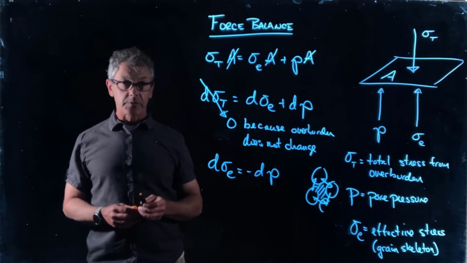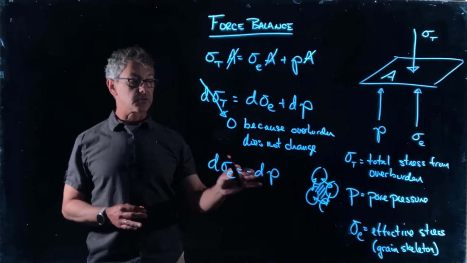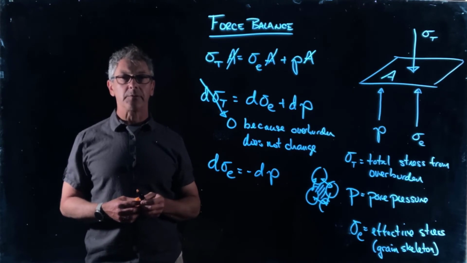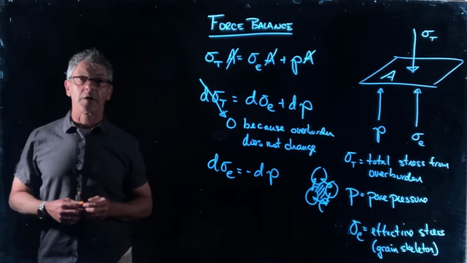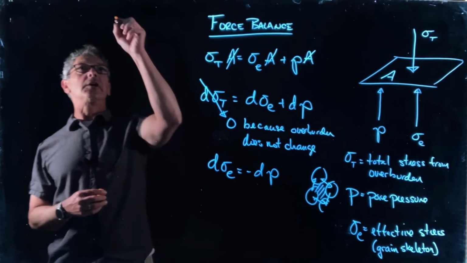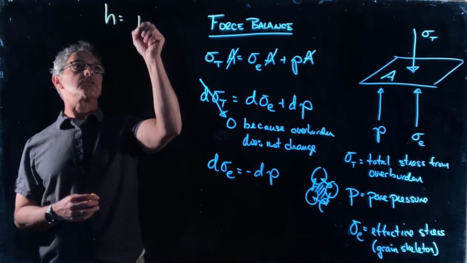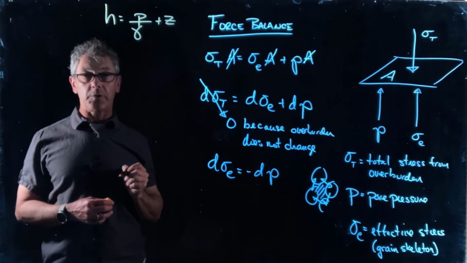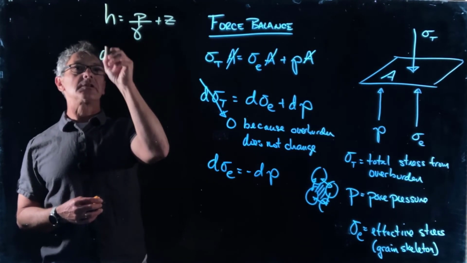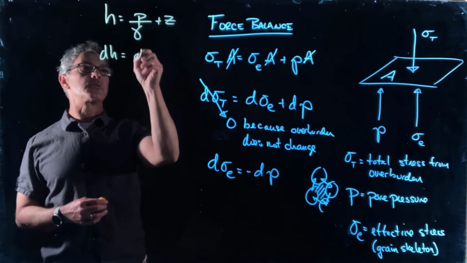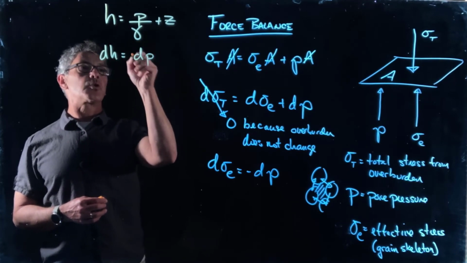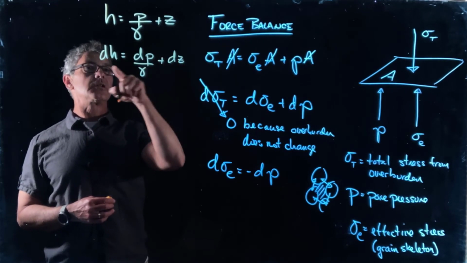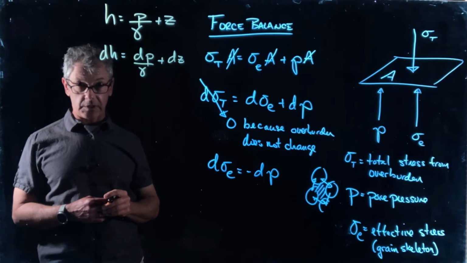So now we have this relationship between our effective stress and our pressure. But we don't like to work in pressure. We like to work in hydraulic head. So let's recall our definition of static hydraulic head, which is simply H is equal to P over gamma plus Z. You should know that pretty well by now. And we can also write this in a derivative form so that the change in pressure over gamma plus the change in elevation is equal to the change in hydraulic head.